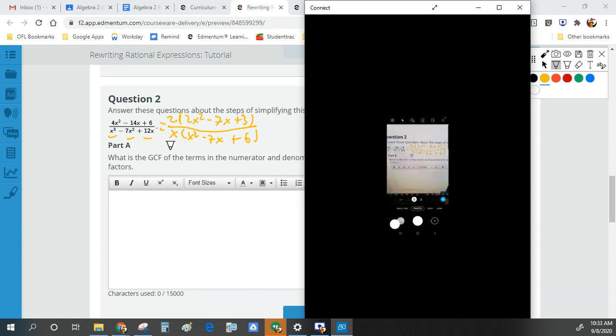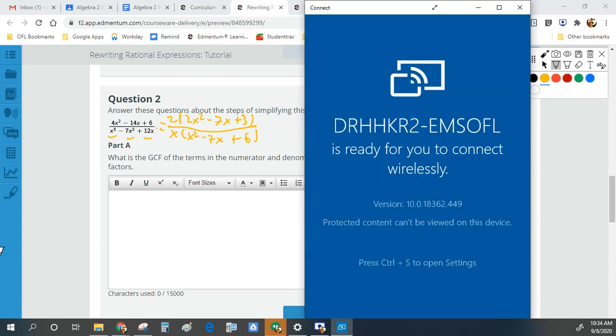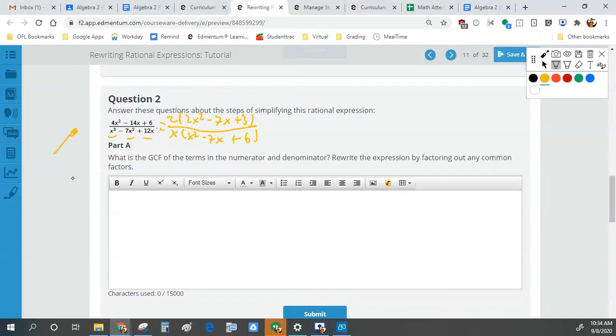There's my picture. I can go to my gallery. Unfortunately, you can't see the little things at the bottom. I'm going to hit the share button. If you know what the share button looks like, great, but it looks kind of like this. I'm sure you've seen this before. I don't know why it's not letting me show that.